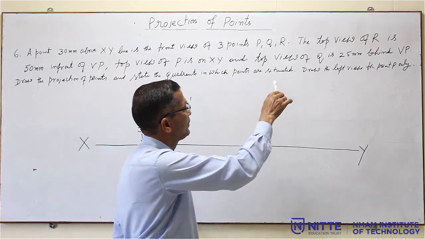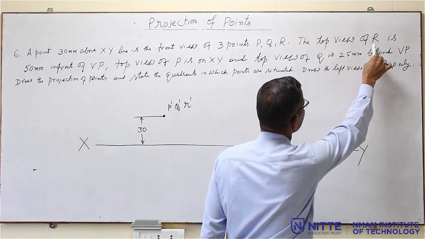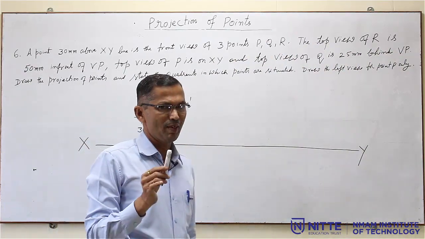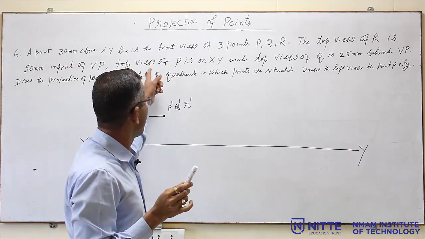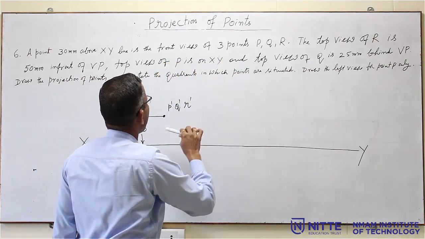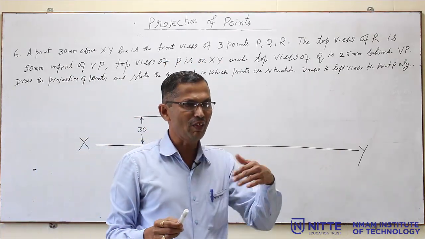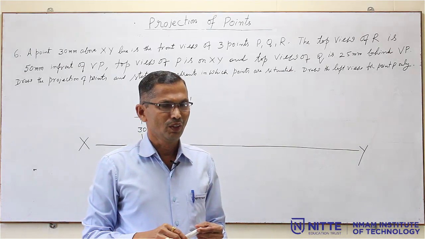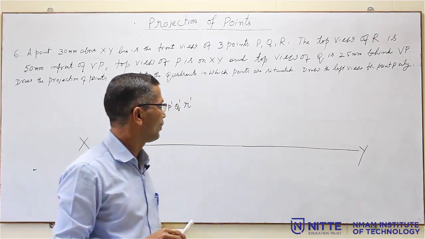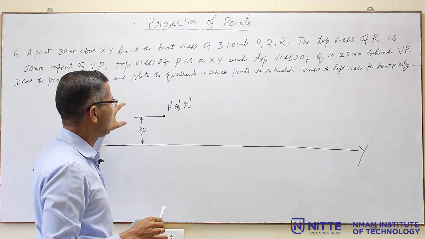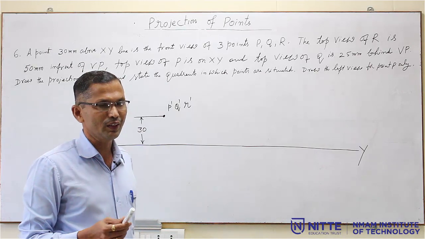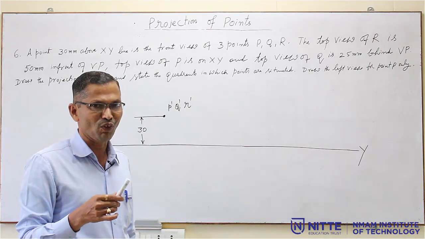Then they told the top view of R is 50 mm in front of VP, and the remaining 2 points are also mentioned. Now, when the front view is above the xy line, the 3 points, that is P, Q and R, can belong to either first quadrant or the second quadrant, because already we have discussed all the 4 quadrants.